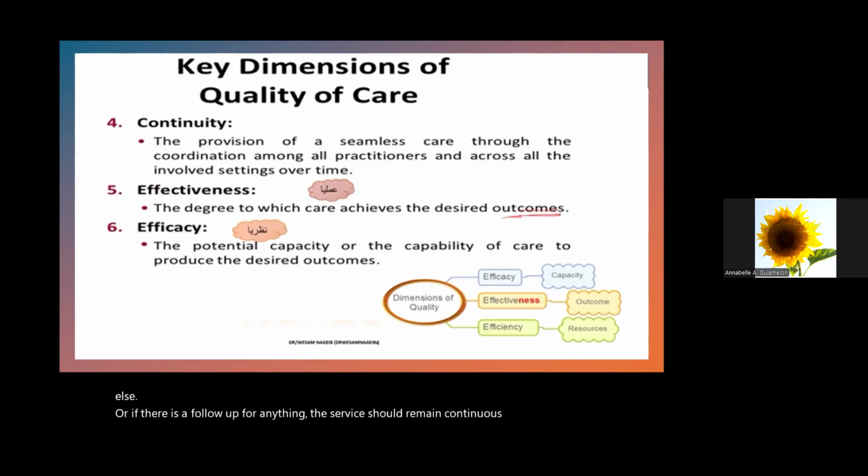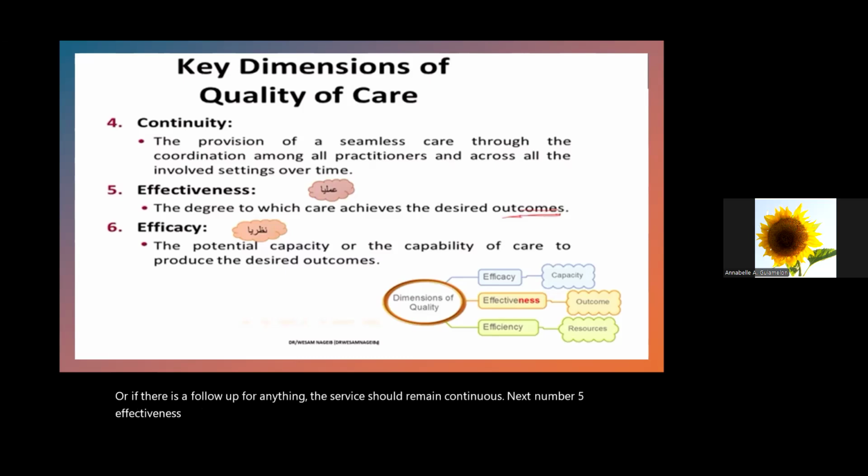Next, number 5, effectiveness. The degree to which care achieves the desired outcomes. Effectiveness focuses on the outcome, which is that the service I provide to the patient practically, in reality, results in good clinical outcomes.